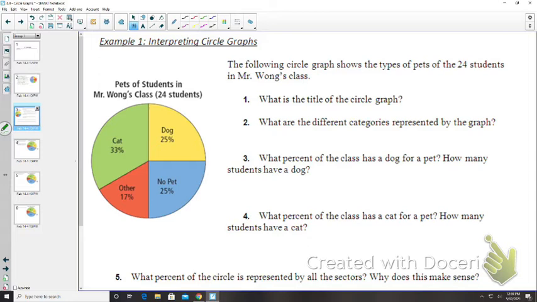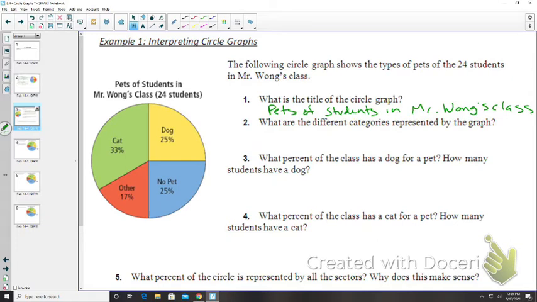So the following circle graph shows the types of pets of the 24 students in Mr. Wong's class. Okay, so the title of the circle graph is Pets of Students in Mr. Wong's class. Okay, what are the different categories represented by the graph?